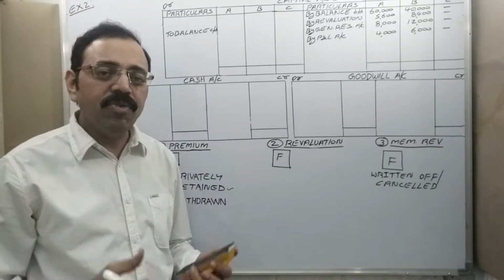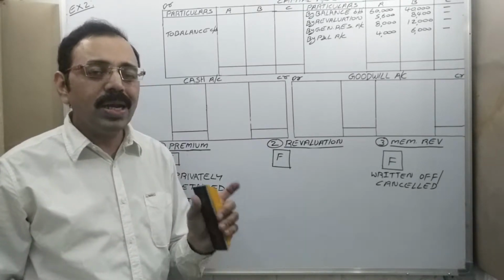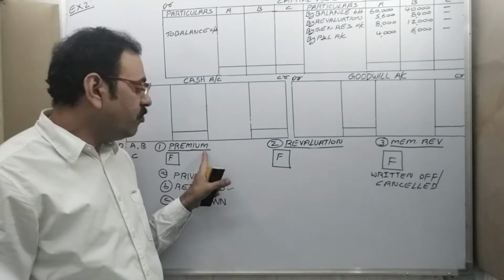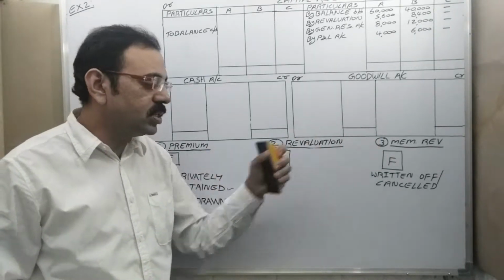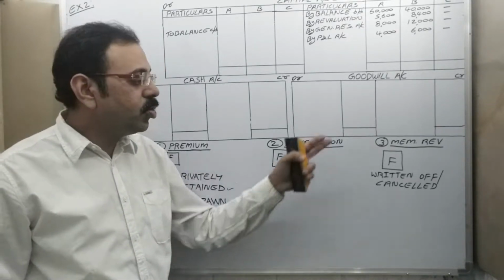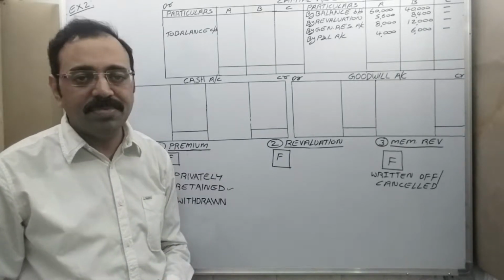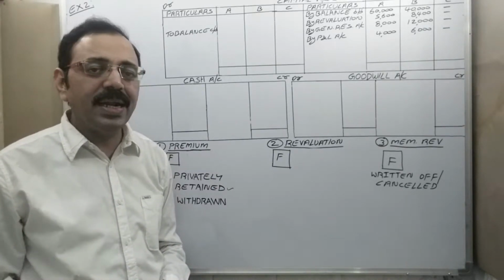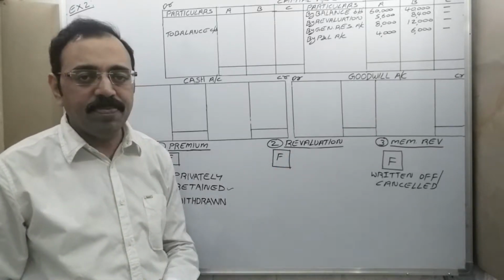In the question, he is not going to clearly mention according to which method we should adjust the goodwill. He does not use words like adjust the goodwill according to revaluation method, or according to memorandum revaluation method. He doesn't give like that. By seeing the goodwill sentence, we should understand which method we should apply.